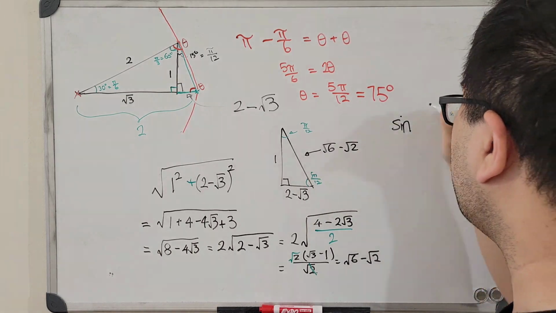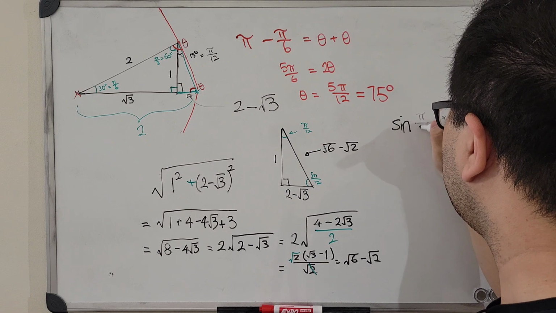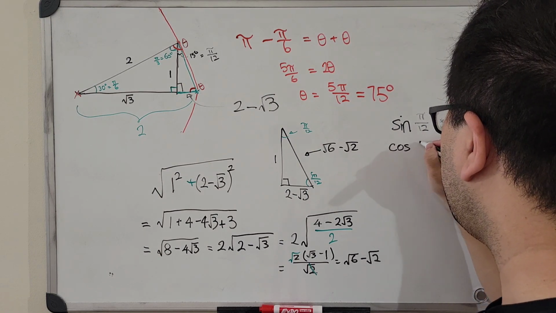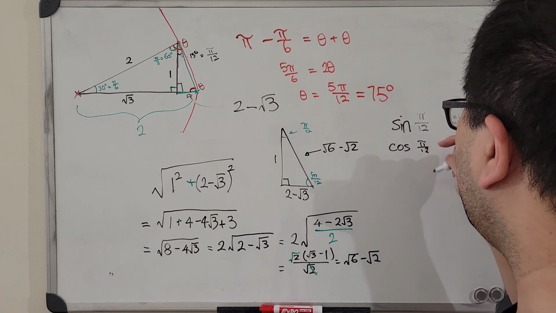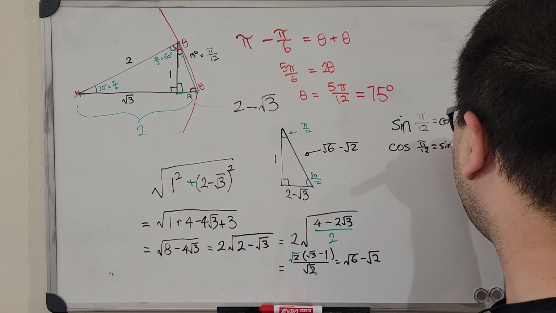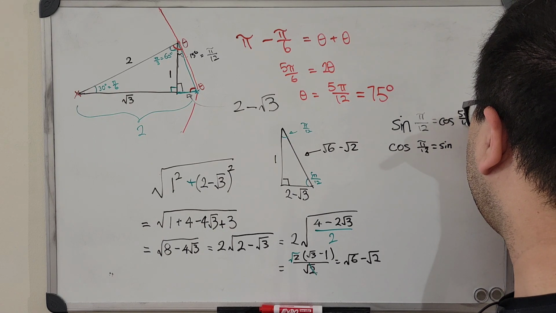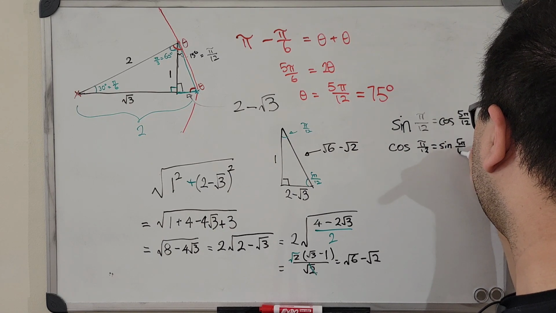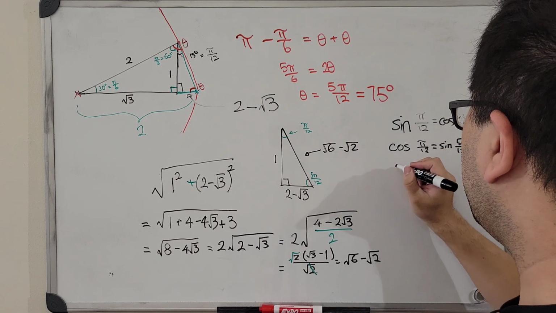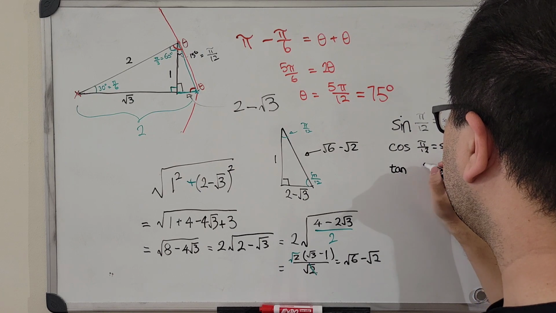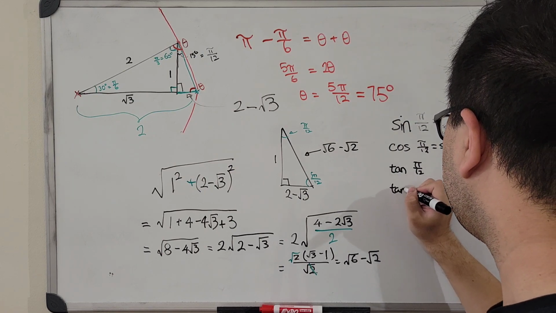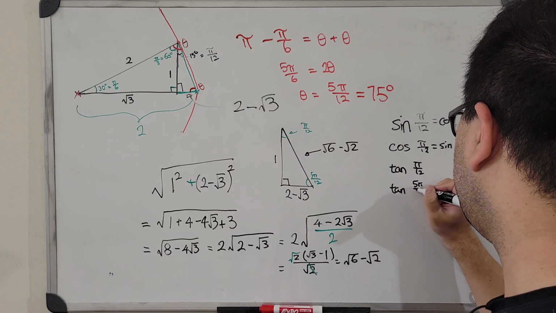Sine of pi over 12, and then cosine of pi over 12, which is equivalent to cosine and sine of 5 pi over 12 respectively, as well as tangent of pi over 12 and cotangent of pi over 12, which is the same as tangent of 5 pi over 12.